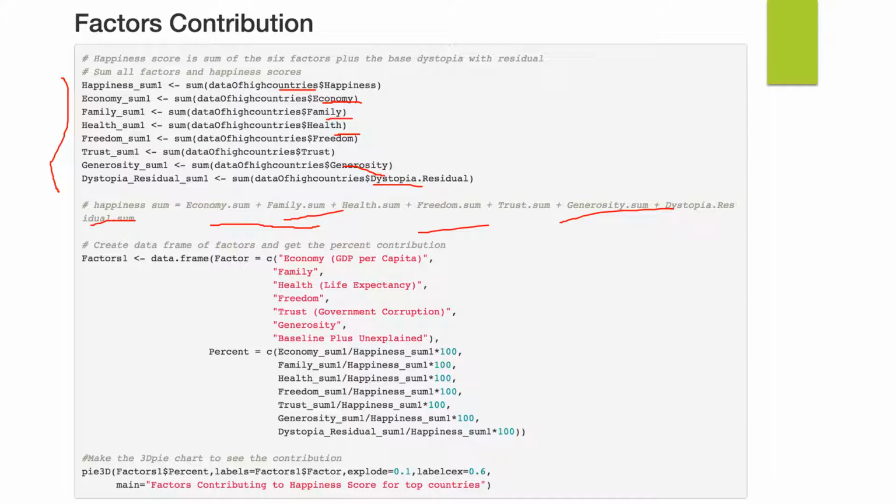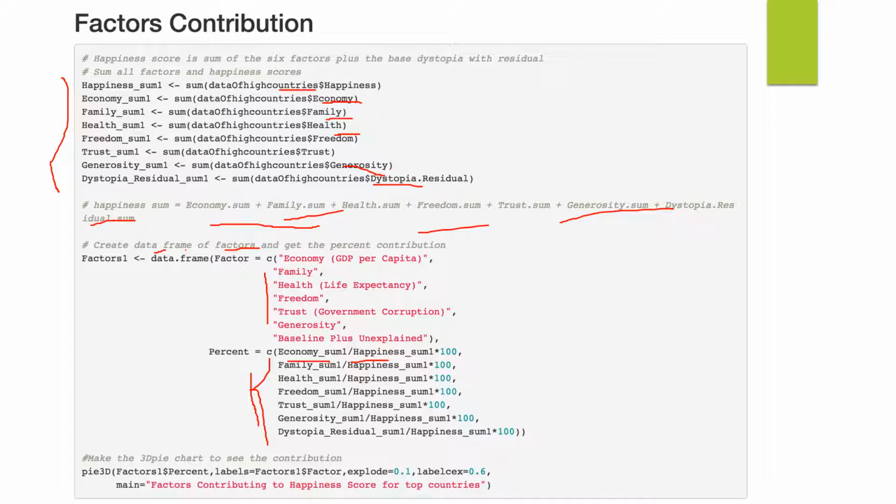Then I create a data frame for those factors. The data frame contains one column for the names and another column for the percent of each factor over the happy score sum.